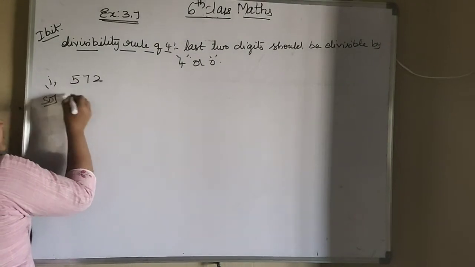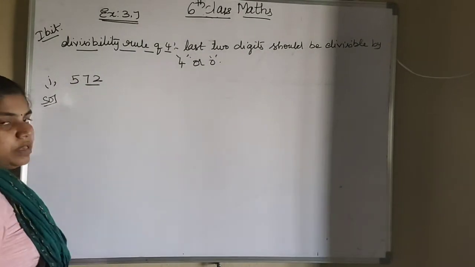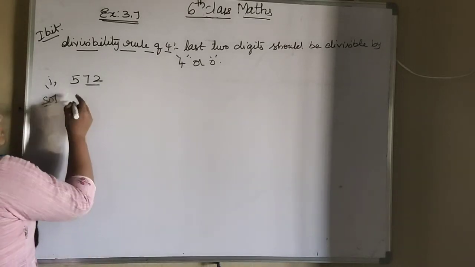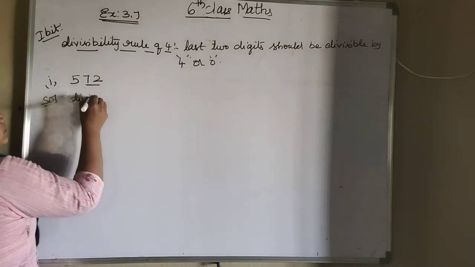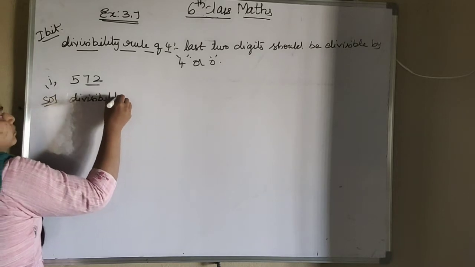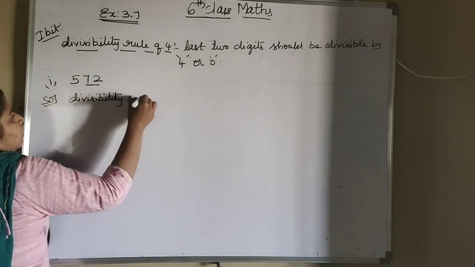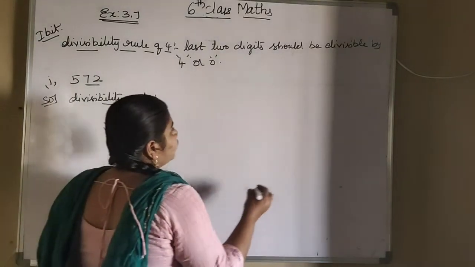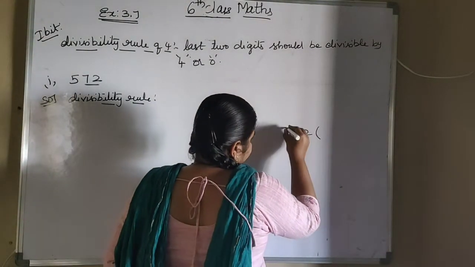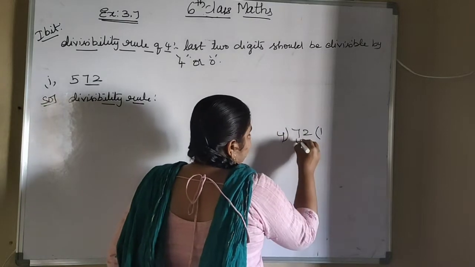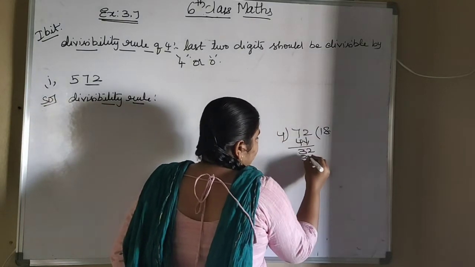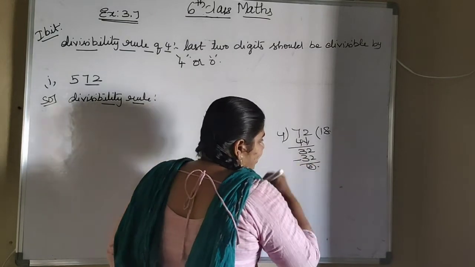If these last two digits are divisible by 4, the whole number will also be divisible. So here I am applying the divisibility rule. First I am dividing this 72 by 4. 4 ones are 4, 4 eights are 32. So you got the remainder as 0.